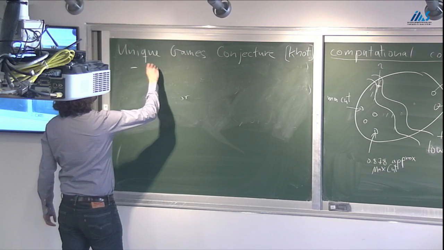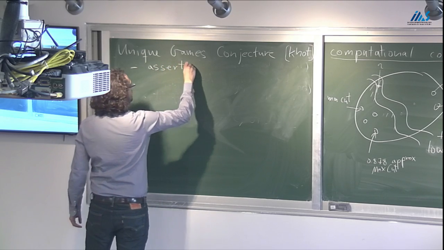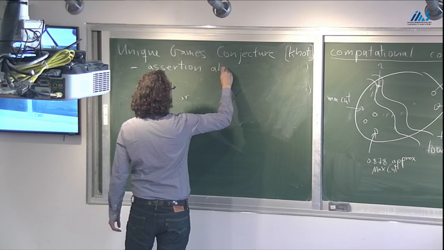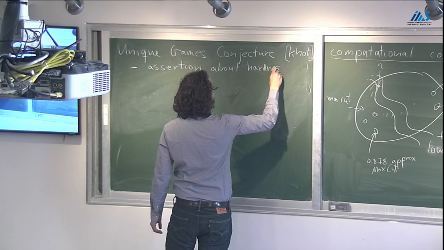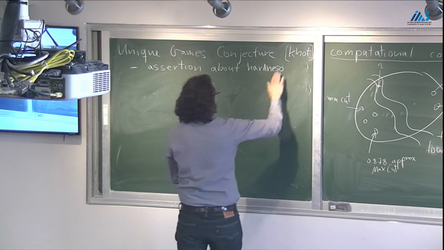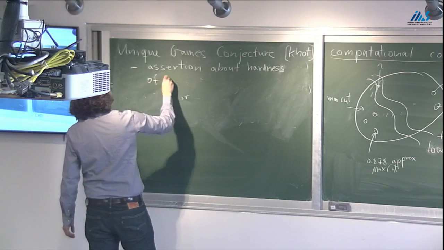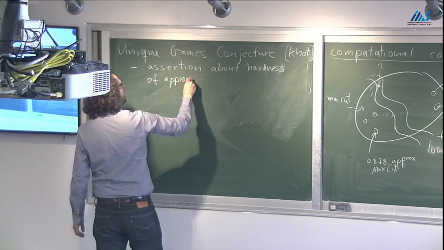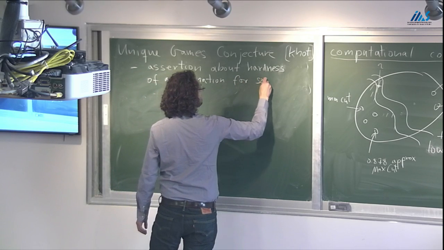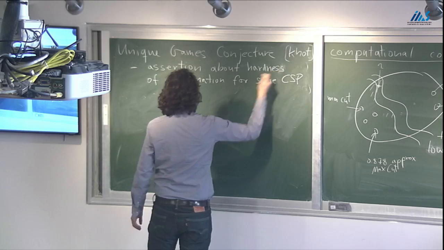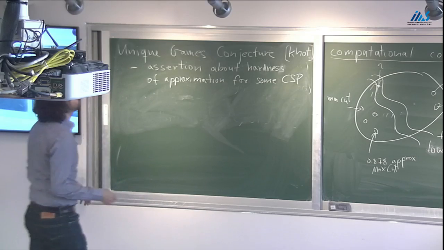It's an assumption, or an assertion, about hardness of approximation for some CSP. At this point, the CSP is called Unique Games, but that doesn't matter so much.